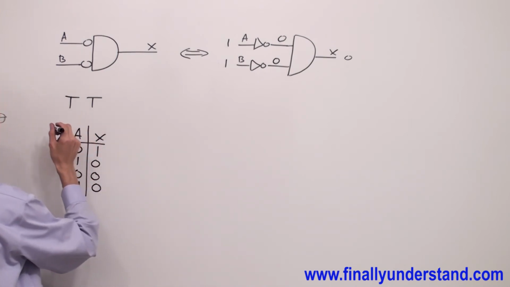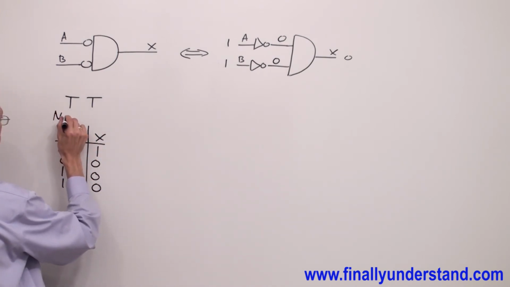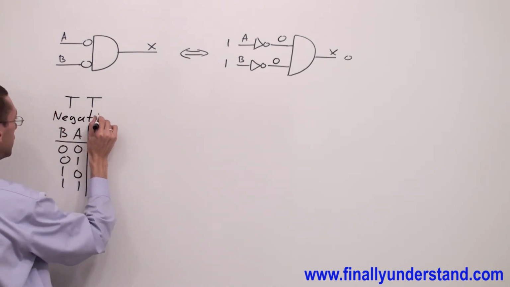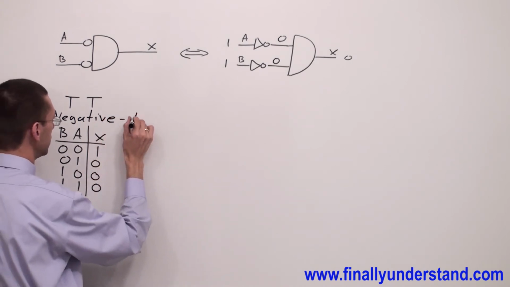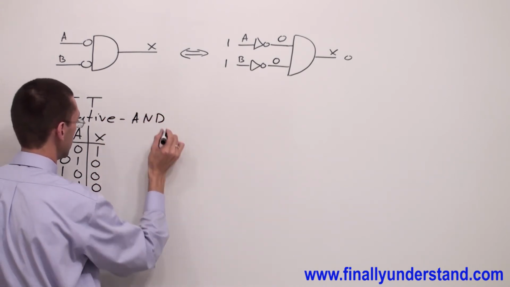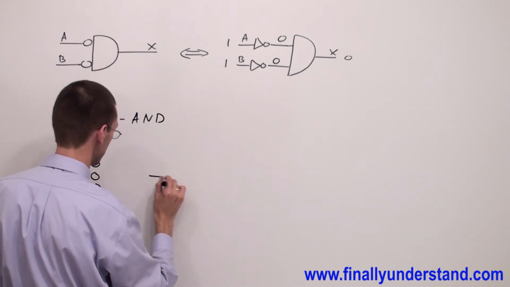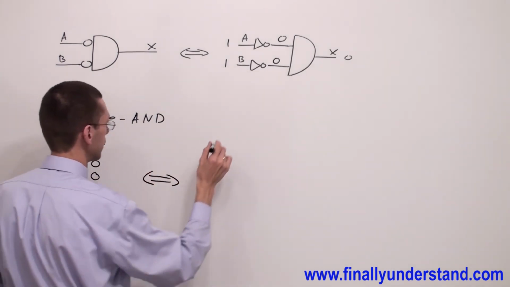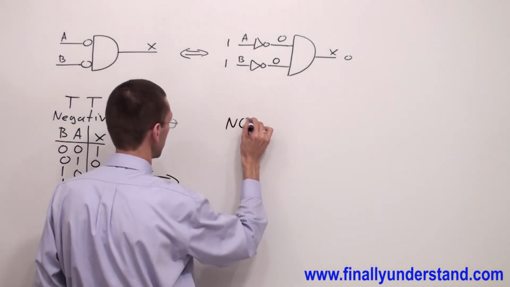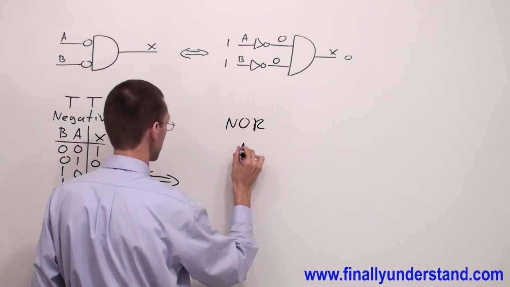Okay, let me just write over here. This is negative AND. And we found that NOR gate has exactly the same truth table.